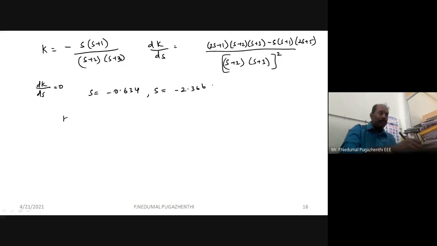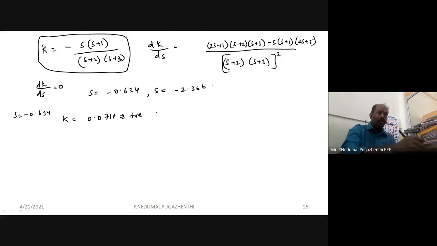And if you substitute these two values in K, if s is equal to minus 0.634, then K is equal to 0.0718, which is a positive value.